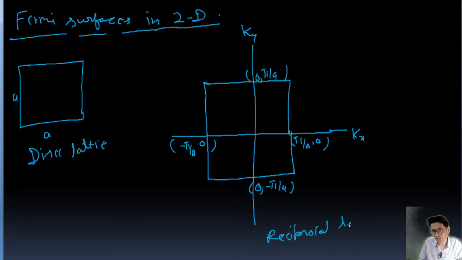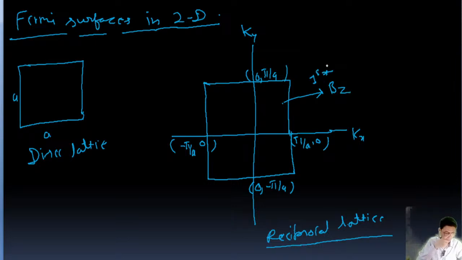I have explained it already in my previous lectures. Reciprocal lattice. Okay, and this is the first Brillouin zone, right? This we know.